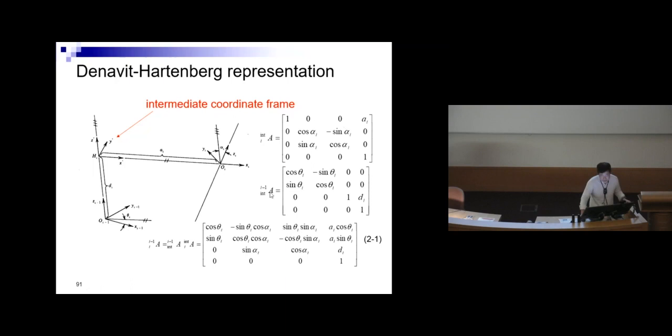Similarly, we can form the relationship of the intermediate frame with respect to i-1, the transformation matrix. This is the rotation matrix, this is the translation. After I have the intermediate-to-i matrix and the i-1-to-intermediate matrix, I can multiply them together. This is the link matrix that establishes the link between each of them.